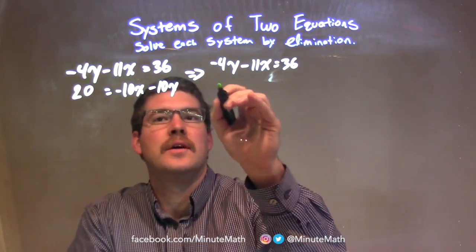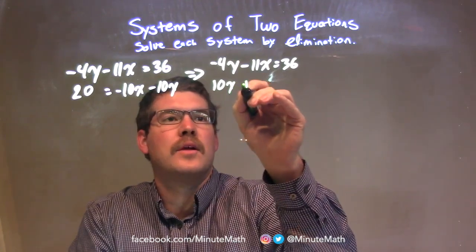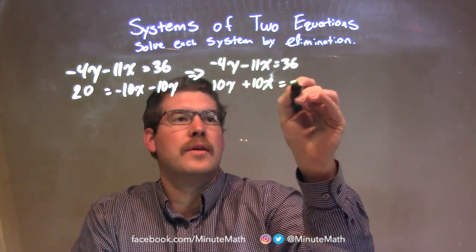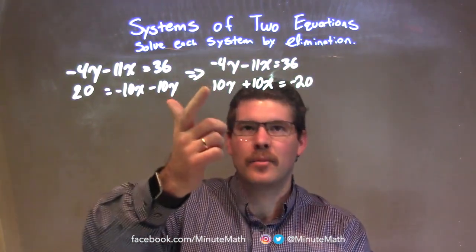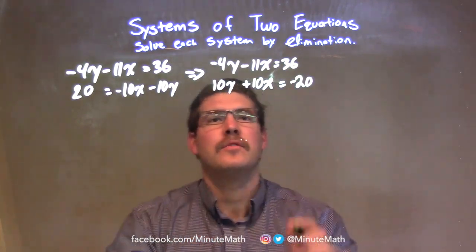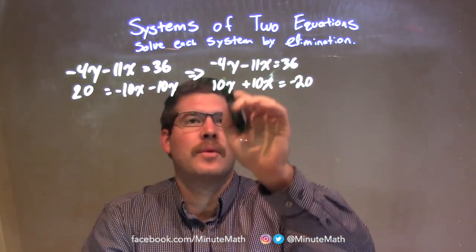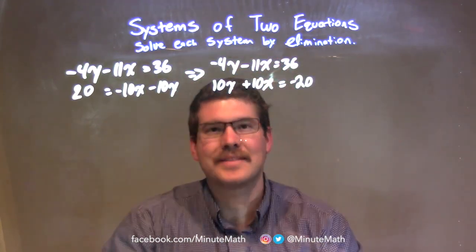So we have a positive 10y here, plus 10x, equals a negative 20. It really didn't matter. You could have just multiplied the whole thing by negative 1. But I did this on purpose so I'd have opposite variables: the top would be negative, the bottom positive, when I do my next step.